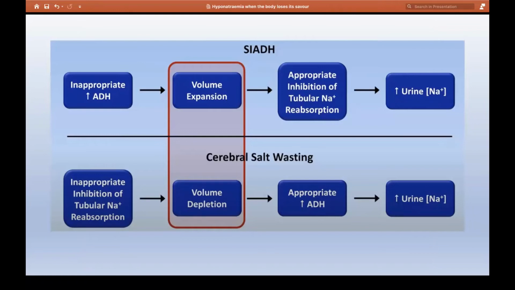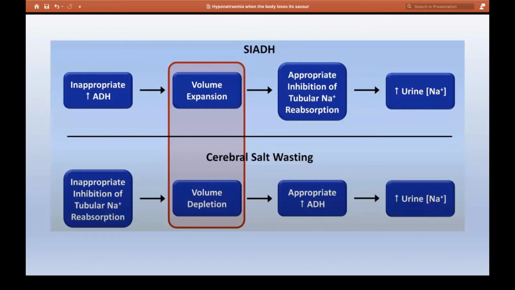In SIADH, you have inappropriate ADH, which causes volume expansion because there's water being reabsorbed, and there is appropriate inhibition of sodium reabsorption. Therefore, in SIADH, you get sodium loss in urine.